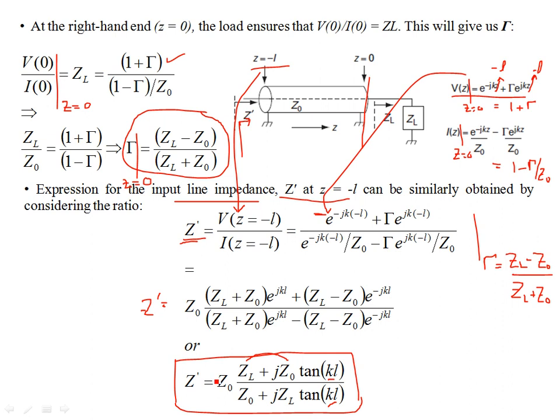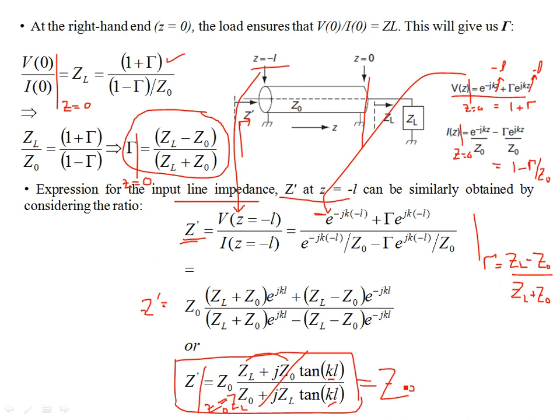That means your Z prime is basically equal to Z naught, no reflection. This is easy to see because the numerator and denominator are going to cancel out, so there is no reflection. So you can derive this from the relationship. This relationship is general for Z naught not equal to ZL.